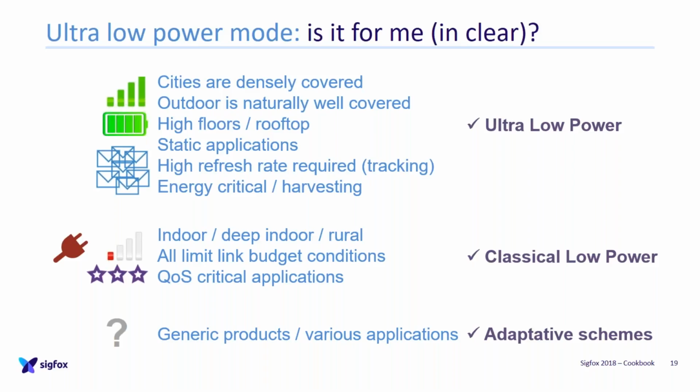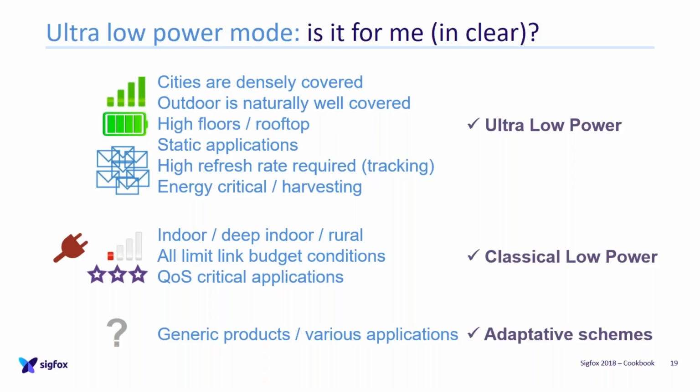High floors or rooftop situations are naturally well covered in terms of radio, so they will transition very easily to ultra low power. Whereas solutions that have harder radio conditions, such as indoor, deep indoor, or rural, will probably have to remain with the classical low power solution, which is a better compromise in terms of system to obtain the best balance between quality of service, link quality, and energy.